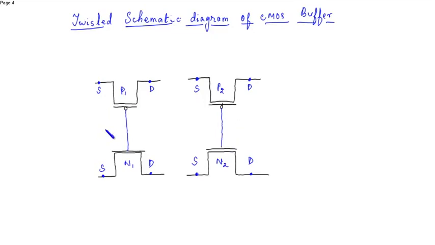This forms the input, that is A. Output is obtained from the common drain.